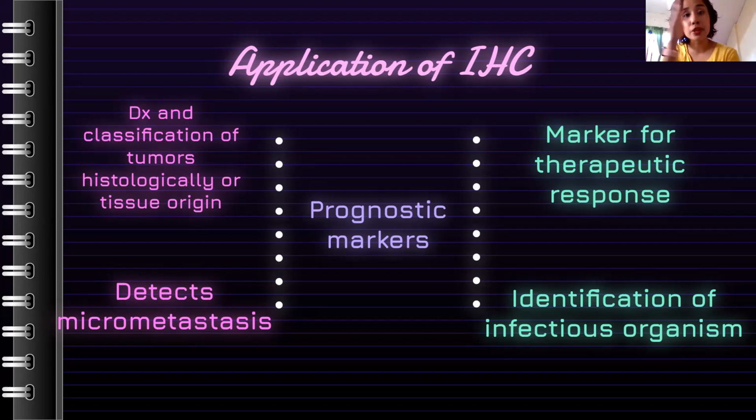Ibig sabihin nagma-mature. So if there are matured cells, grade 1 pa lang based on the classification. Pag grade 4, 25 to 0% differentiated. Ibig sabihin talagang puro immature cells.